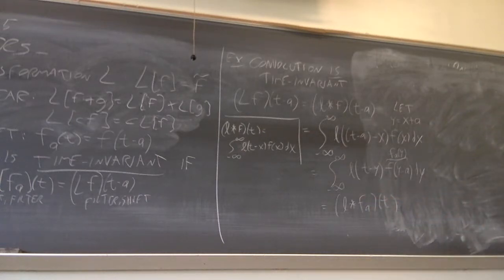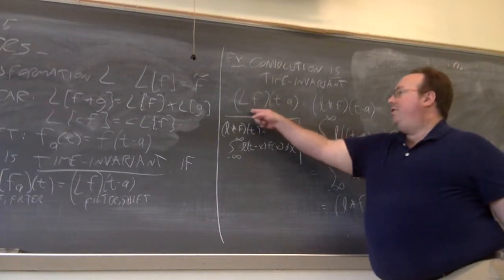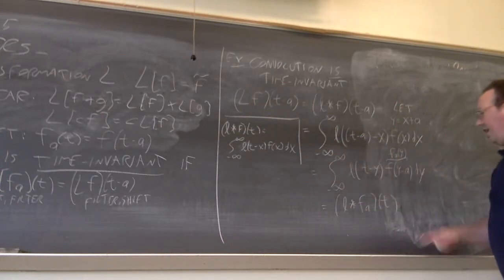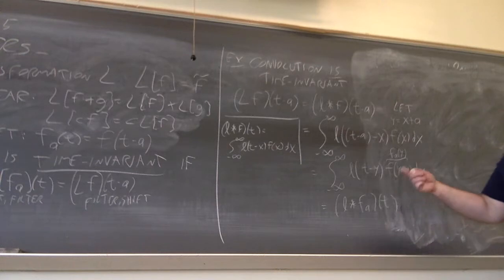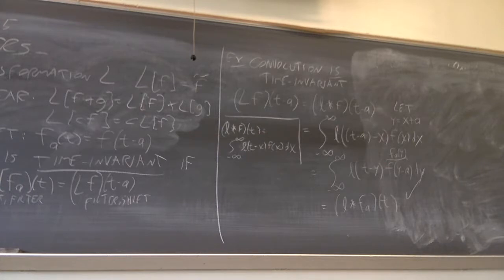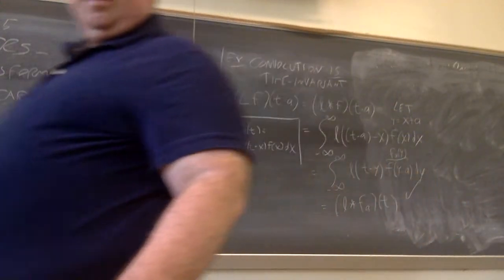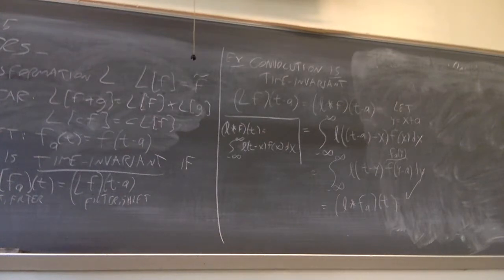So here I filtered, then shifted. Here I shifted, then filtered. The result is the same. So convolution is a time invariant filter. Any questions about what happened there?